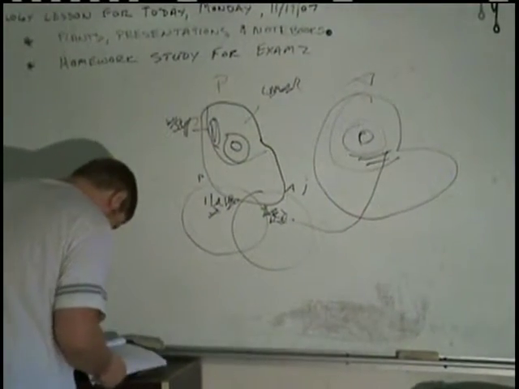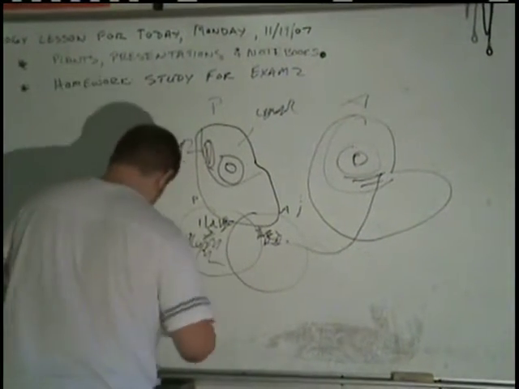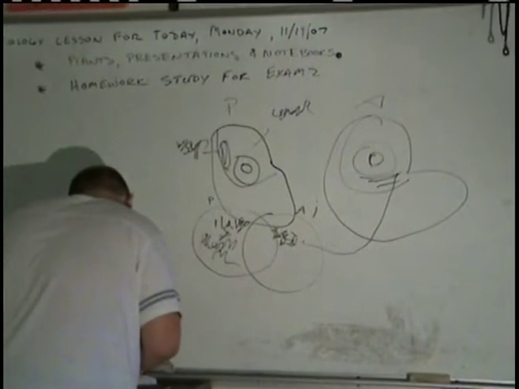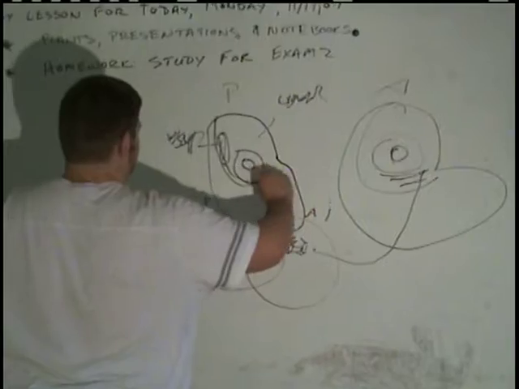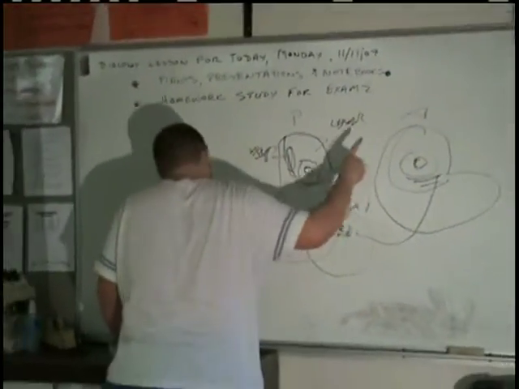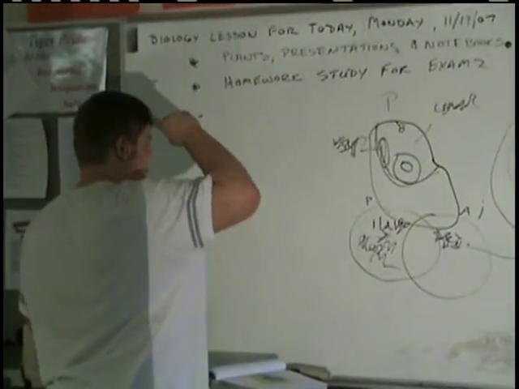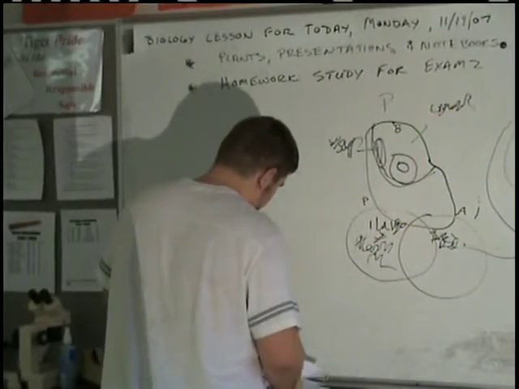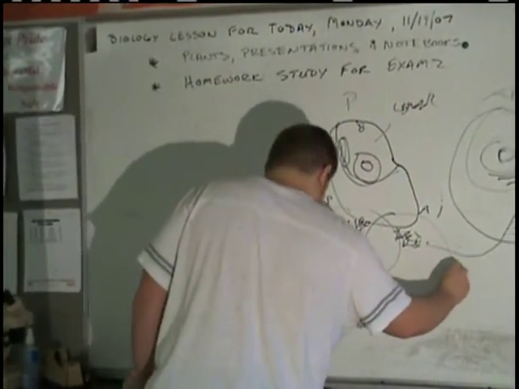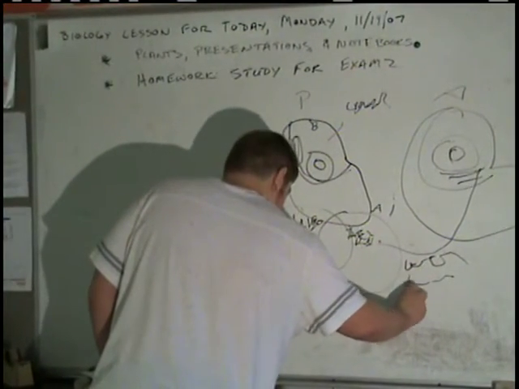And then this has a plasma membrane, and that is around the outside around here somewhere. And then you have your chloroplast up here somewhere. Similarities. They both have lysosomes, ribosomes, Golgi apparatus.